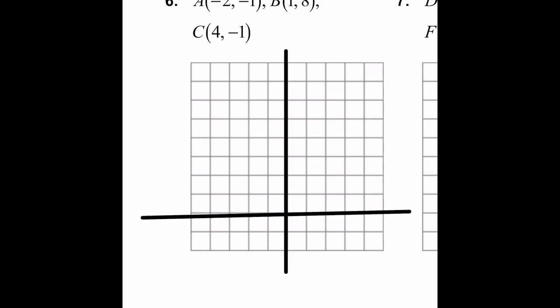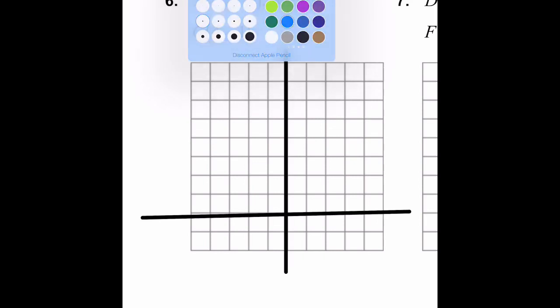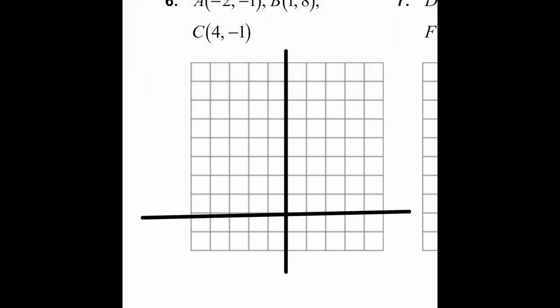I'm going to graph my triangle using the blue marker. I jumped around. I graphed point A and point C, and now I need to graph point B. Positive 1, 2, 3, 4, 5, 6, 7, 8.